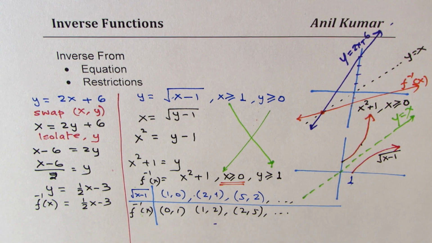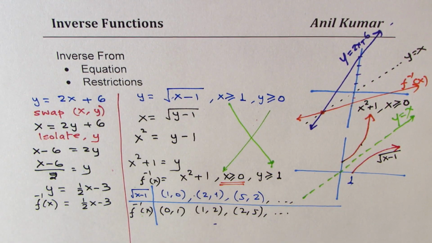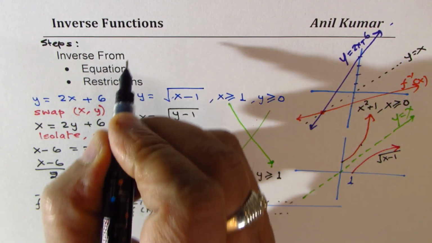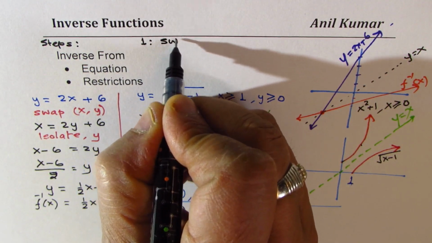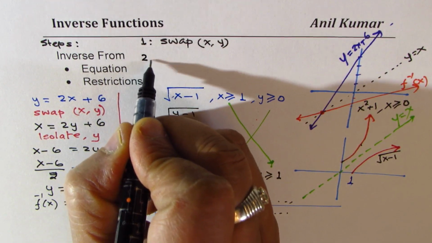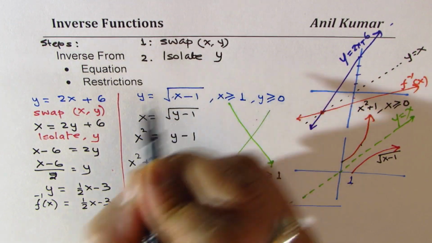So what you learn here is that you can find the inverse with an equation following these steps, right? So steps to find the inverse of a function: step number 1 is swap x, y, and step number 2 is isolate y.